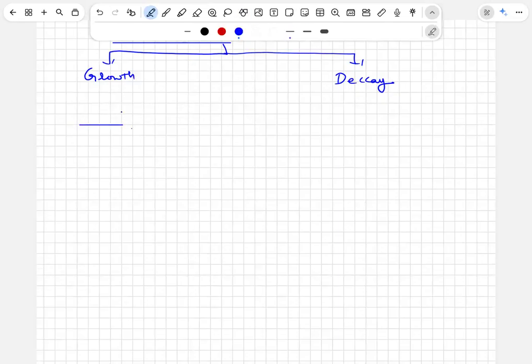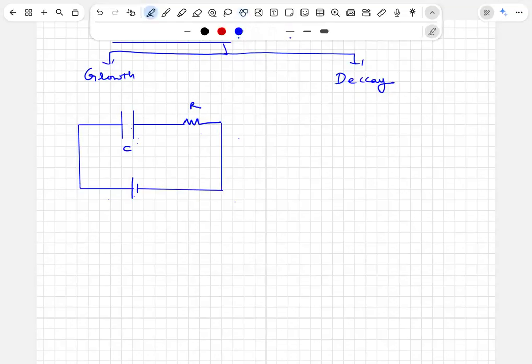Basically, you have a capacitor of capacitance C, and you have a resistance R, and a battery B with EMF E.